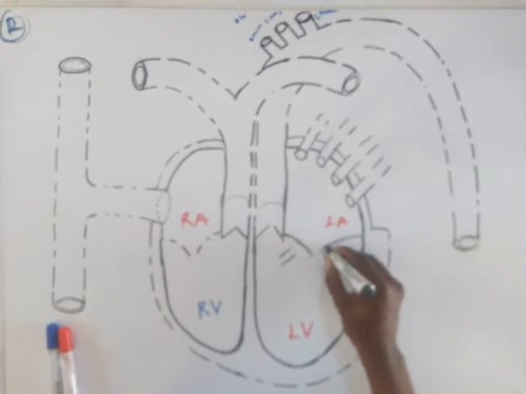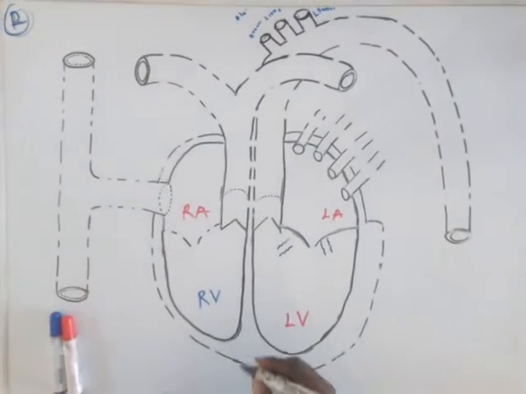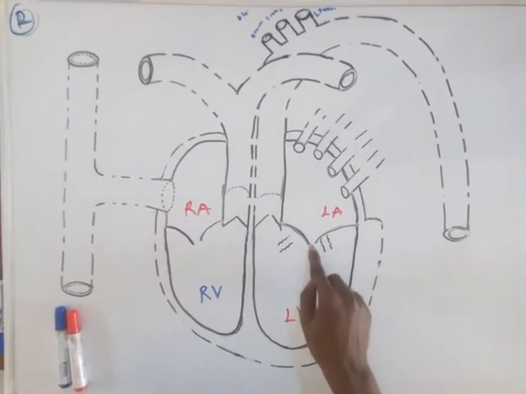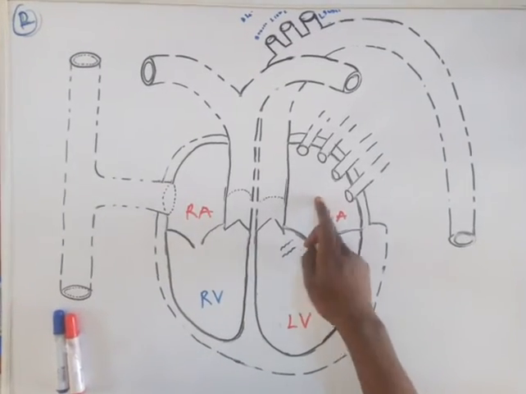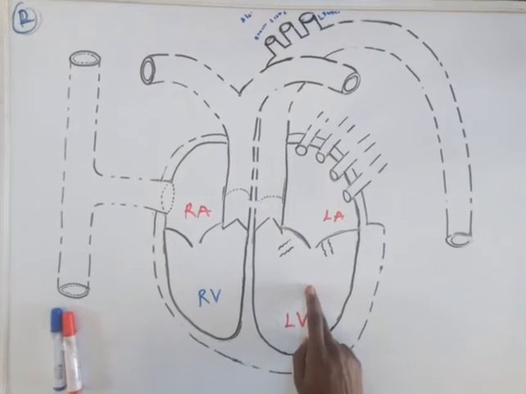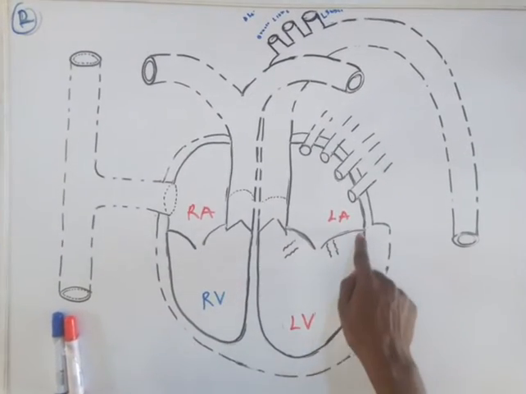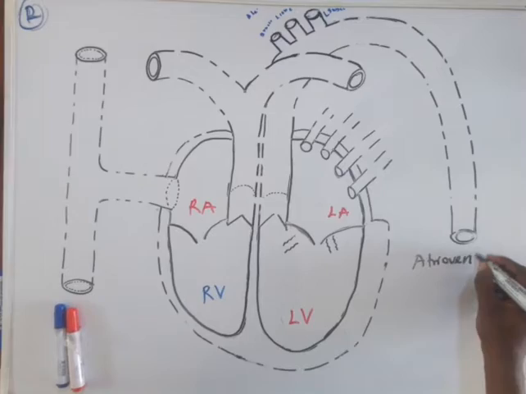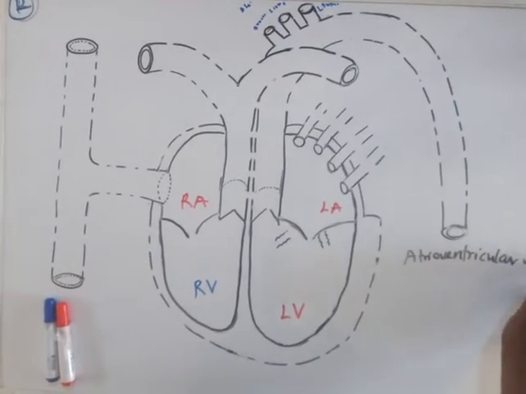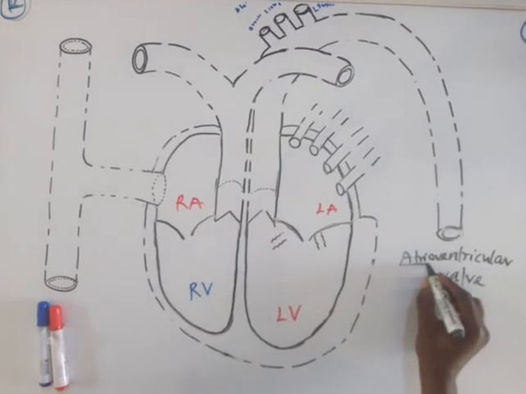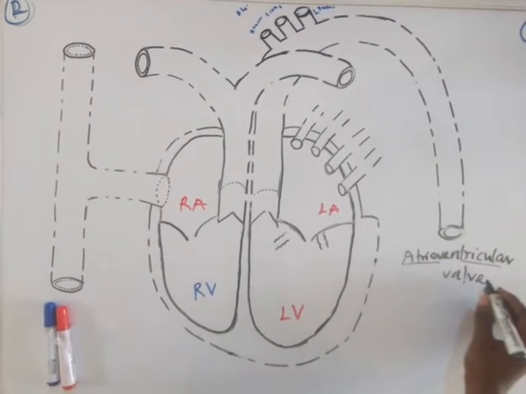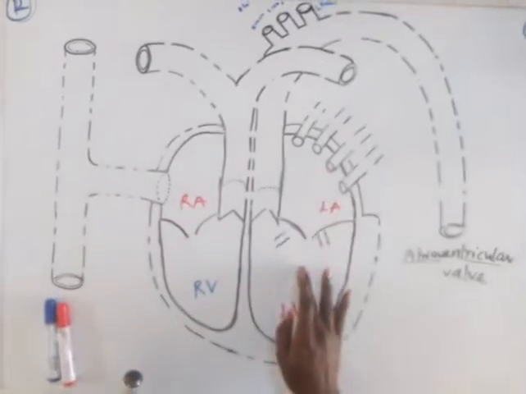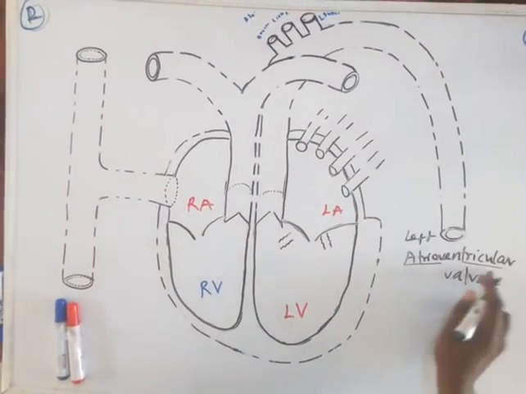There are different valves. Between the atrium and the ventricle is the atrioventricular valve, meaning the atrium and ventricle valve. On the left side of the heart, it is the left atrioventricular valve.